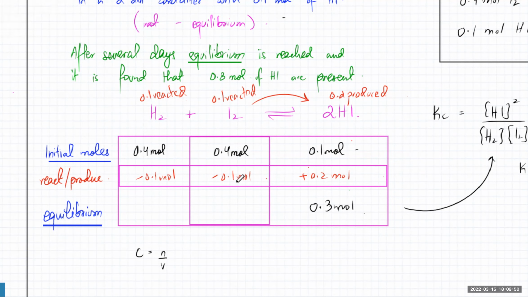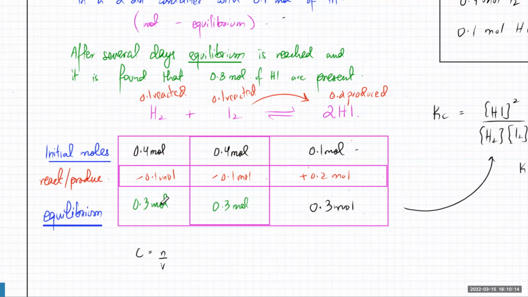So your equilibrium moles would be 0.3 moles. And this would also be 0.3 moles, right? You added 0.4, 0.1 are gone, so you're left with 0.3. Is that clear?